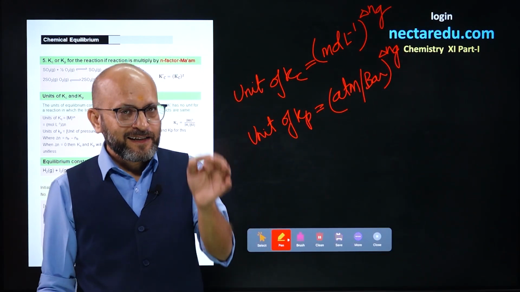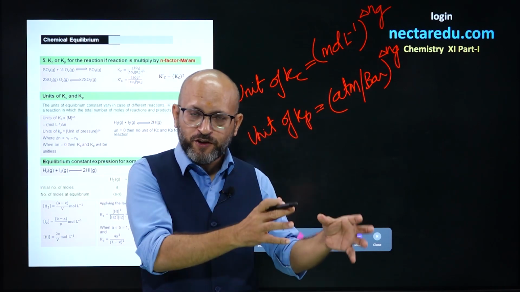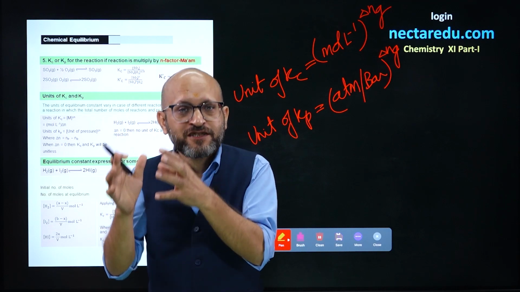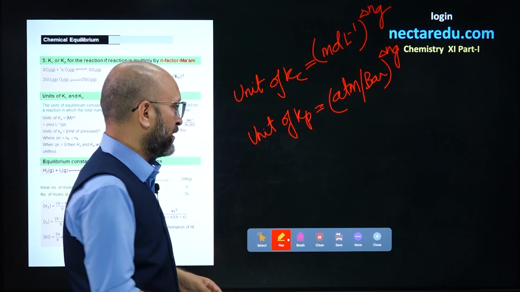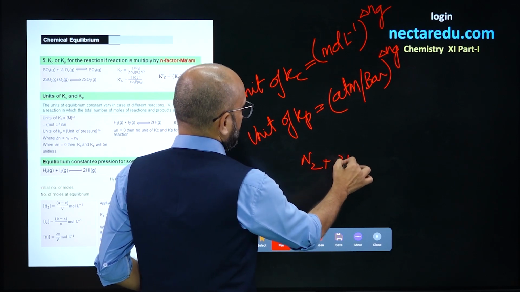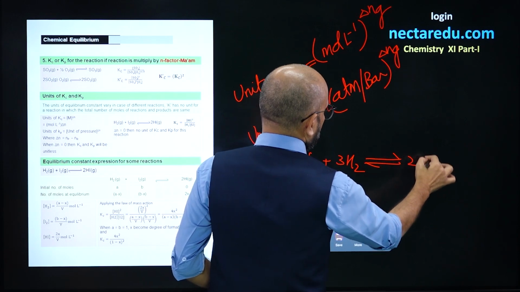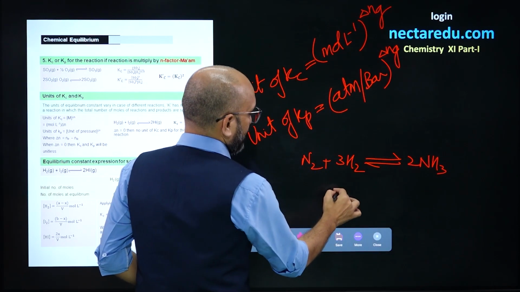What is delta Ng? Delta Ng is total moles of gaseous product minus total moles of gaseous reactant. For example, I'll show you N2 plus 3H2 gives you 2NH3. So what is delta Ng for this reaction?